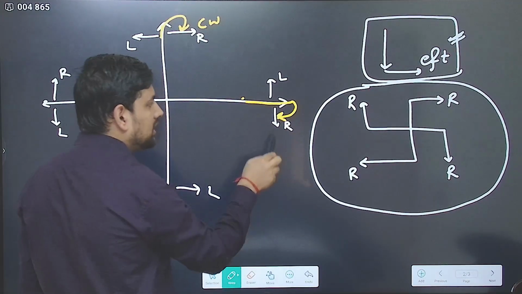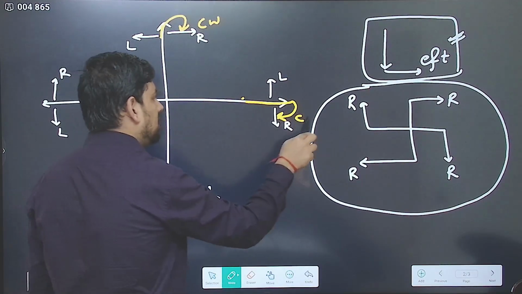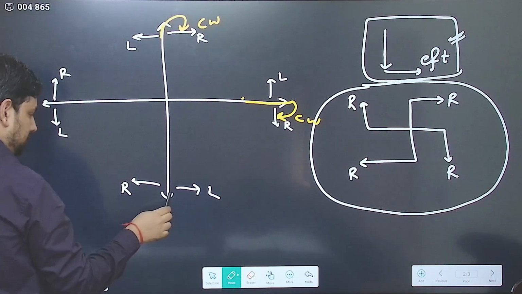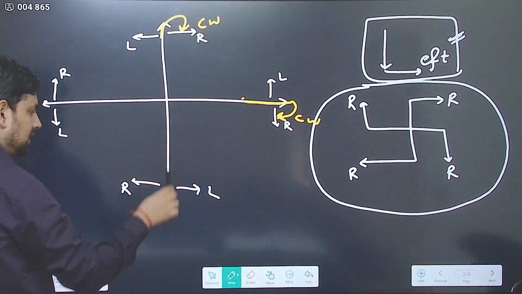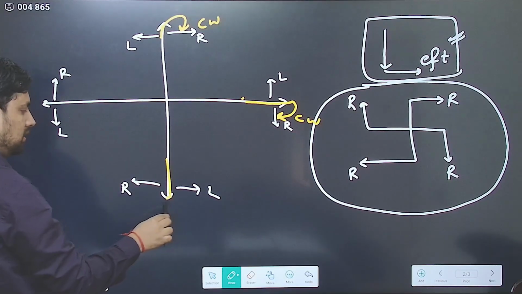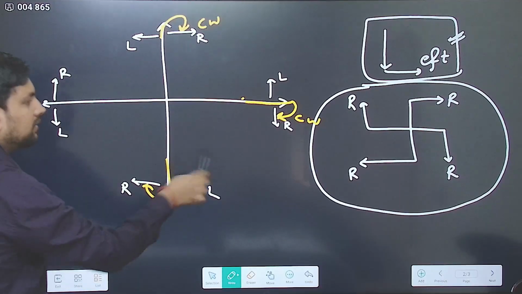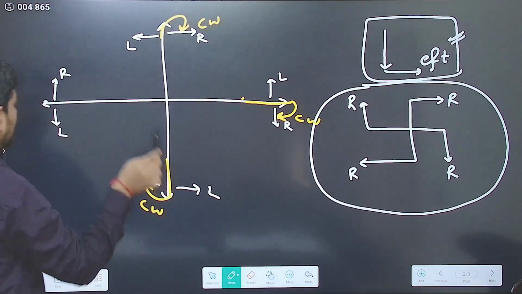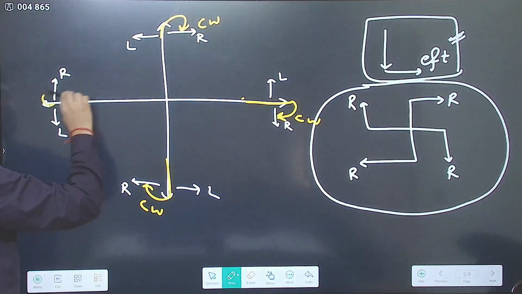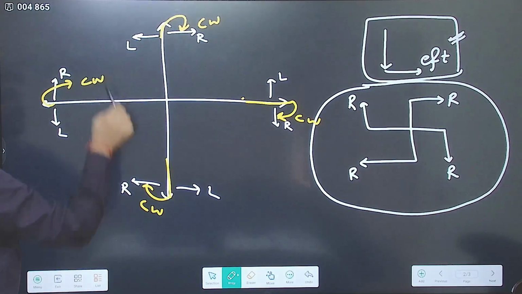Right means this direction. This is again clockwise. Similarly, this person is going in this direction, then he turns towards right. If you extend the angle, it is going 12 to 1, that is clockwise. Similarly, if you are going in this direction and you turn like this, this also gives you clockwise.